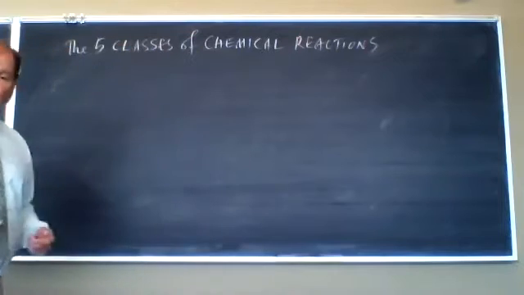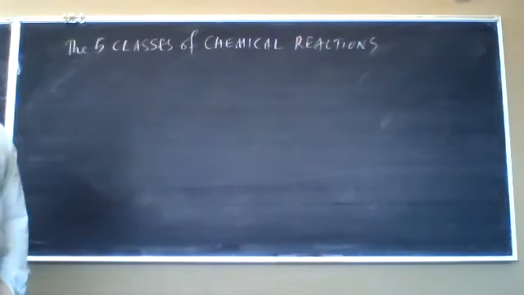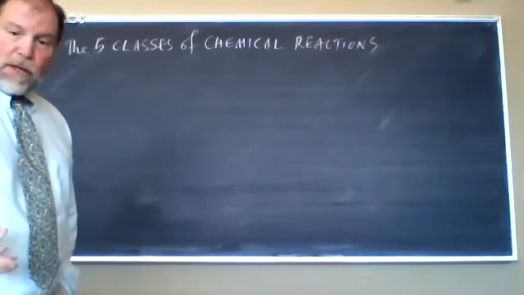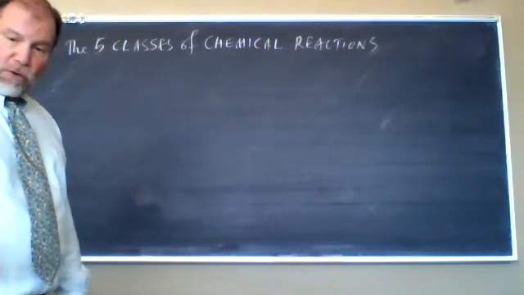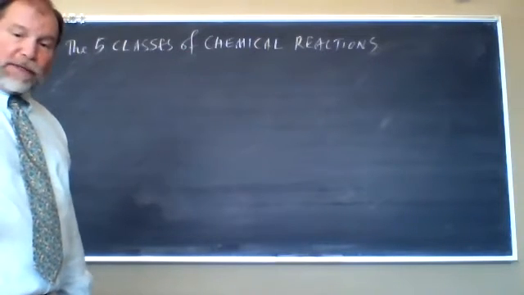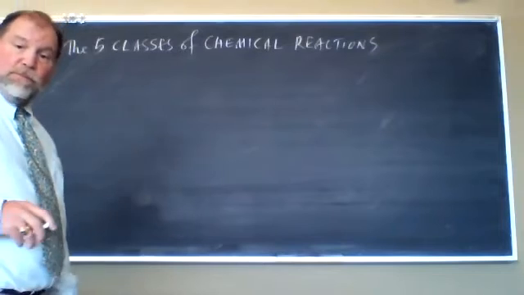So back in Chemistry 111, we learned about 5 different classes of chemical reactions. Based on the reactants that we start with, we can identify what type of reaction is actually occurring.